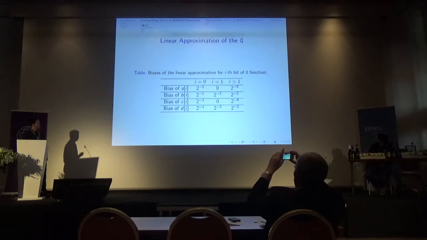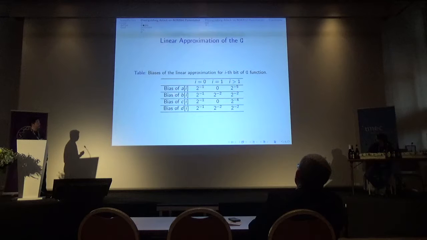Eventually we find that the bias of the input bits depends on the word, A, B, C, or D, and also depends on the position of the bits: when the position is 0, when the position is 1, and when the position is greater than 1. It's interesting to see that sometimes there are unbiased bits, which means that we cannot use those bits in the analysis.